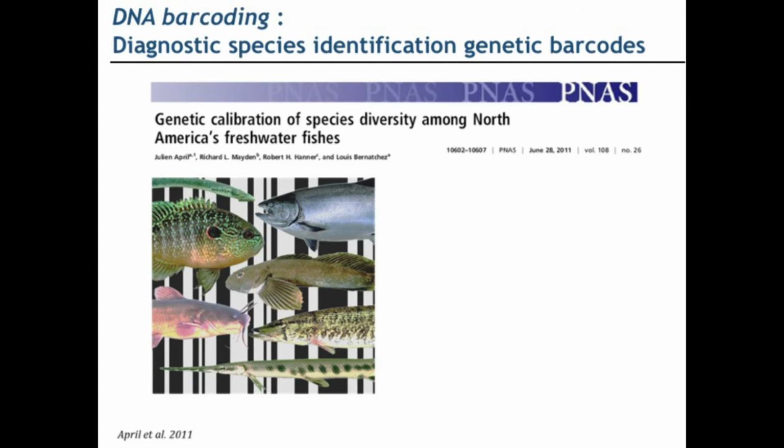Okay, so then coming to some of the work I've done in the past in link with the barcoding initiative, I was responsible for building the reference database for all freshwater fishes in North America, and this was published in PNAS a few years ago.